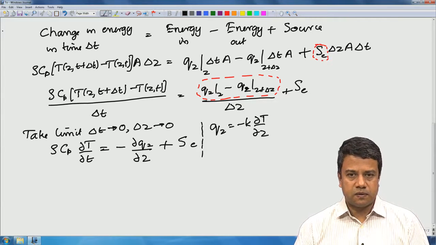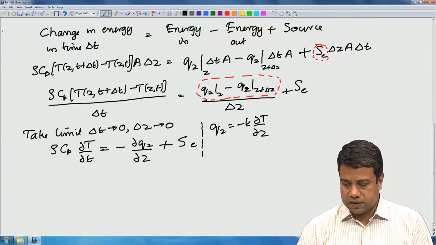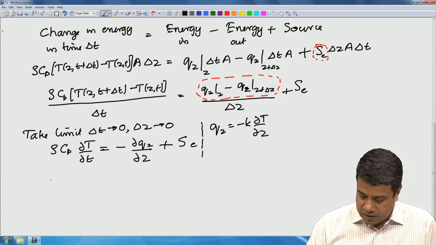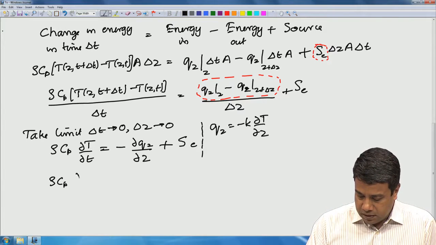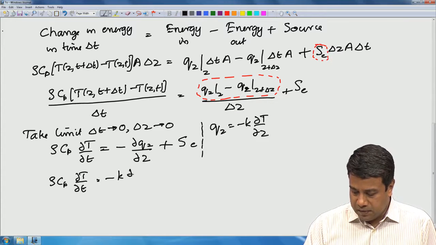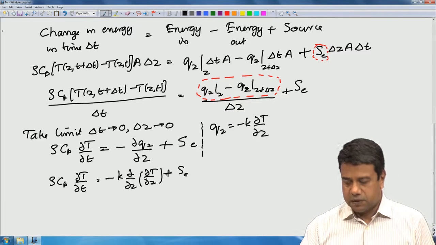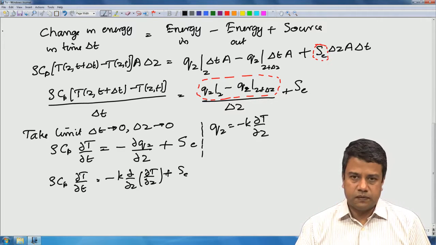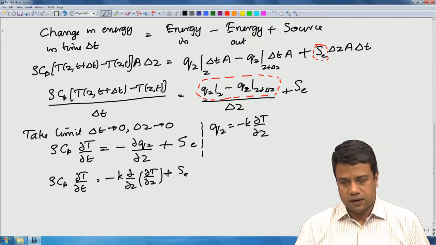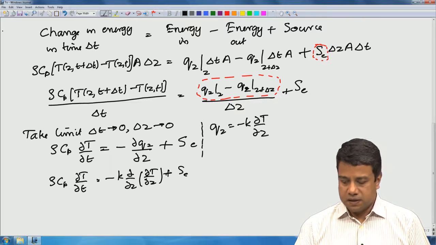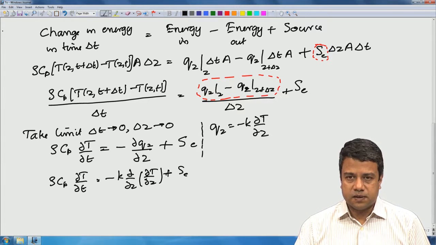So, if I substitute that in this equation, I will get rho Cp partial T by partial t is equal to minus k d by dz of partial T by partial z plus the energy source per unit volume per unit time. This of course is assuming that the thermal conductivity k is independent of temperature. That is the assumption that we are making here.